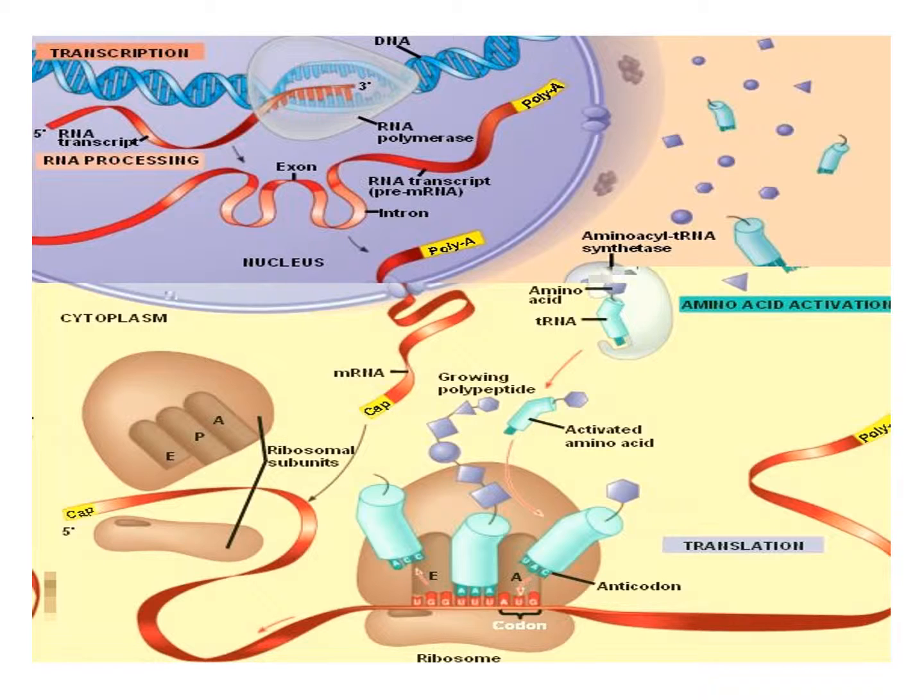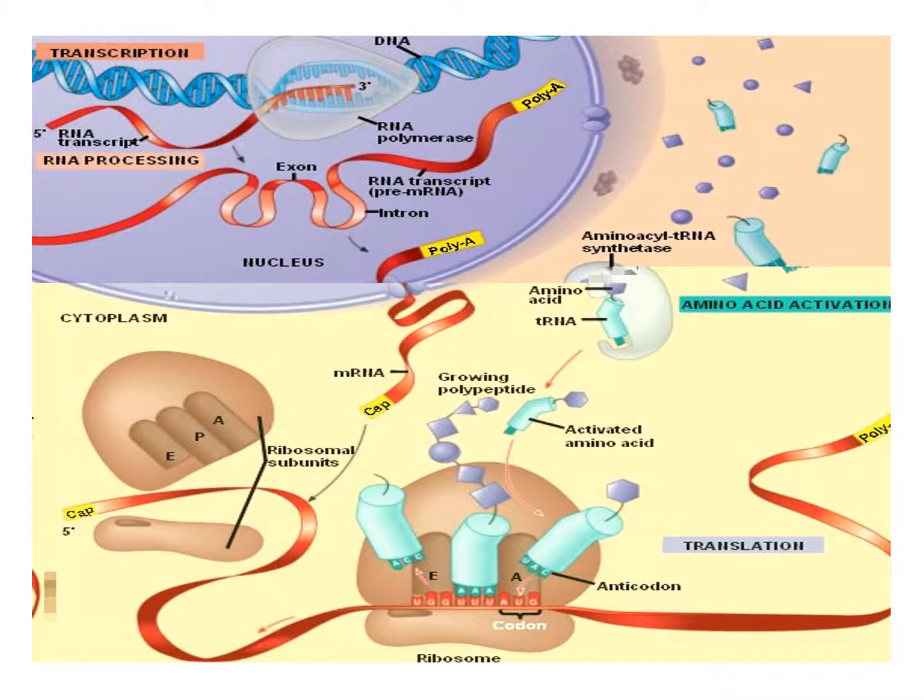It involves 5' capping, which is the addition of a modified guanosine nucleotide, then 3' polyadenylation, the addition of a poly-A tail of about 200 adenine nucleotides, and then splicing.